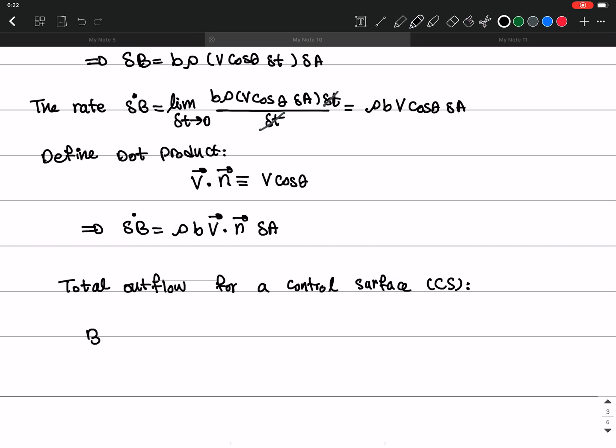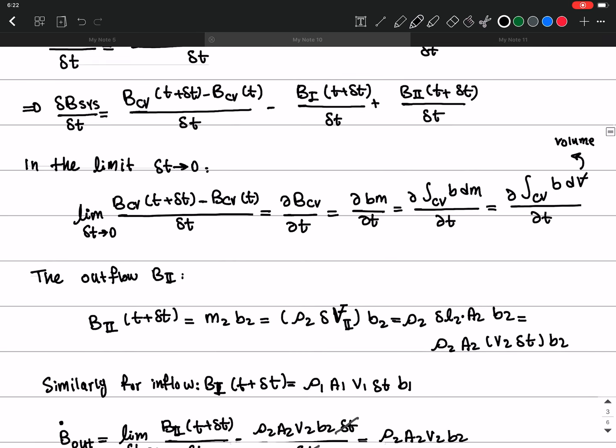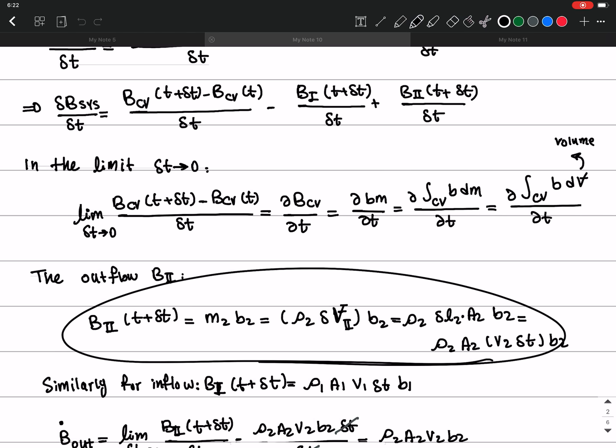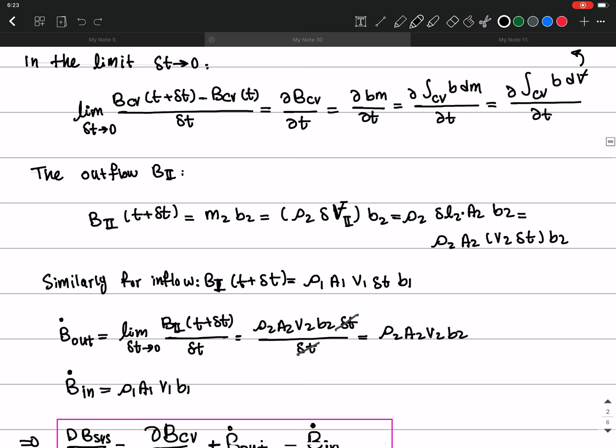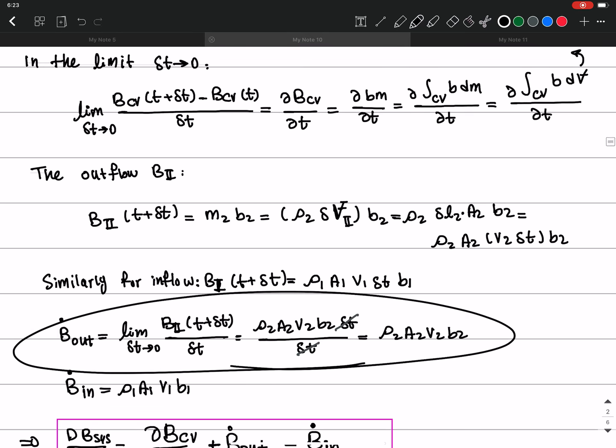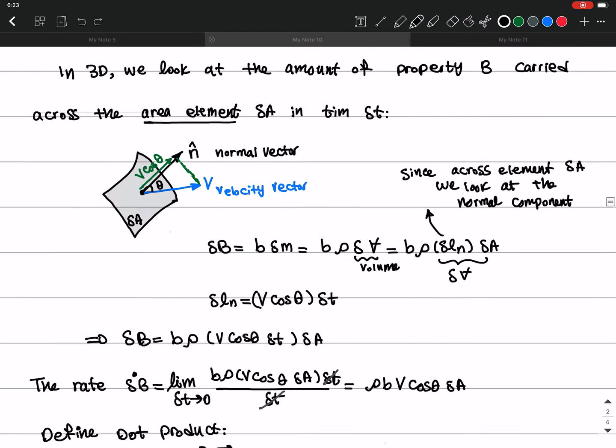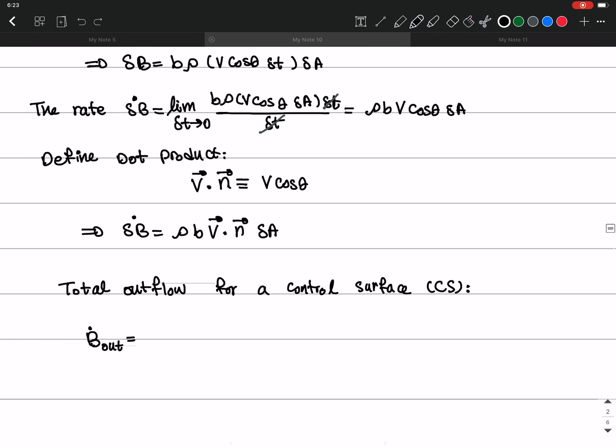So B dot out, which we had for the one-dimensional case, was defined like this. For a three-dimensional case, this is going to be the integral over the control surface of out of delta B dot out. Okay, what does this mean?